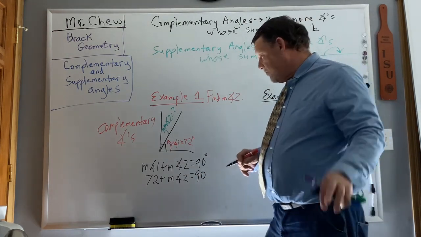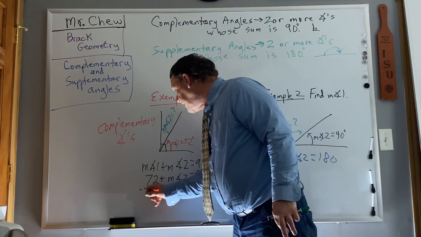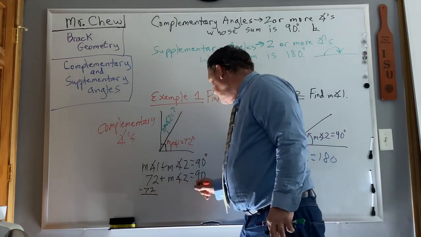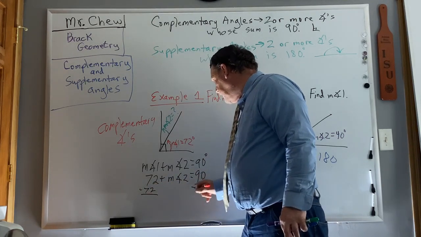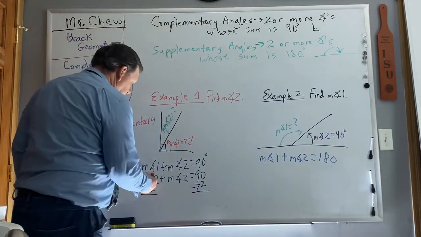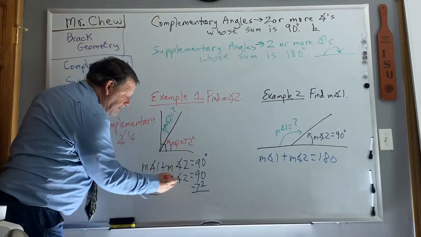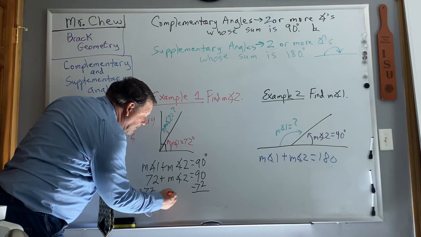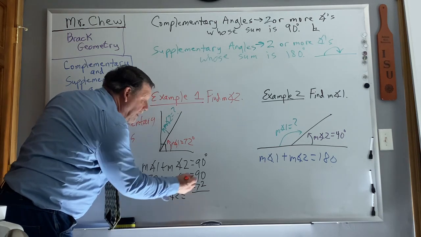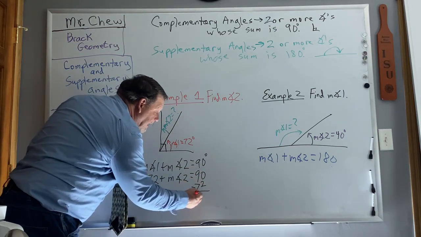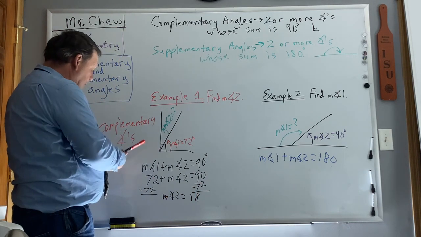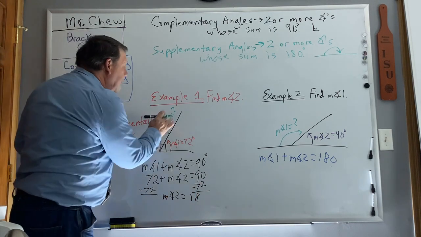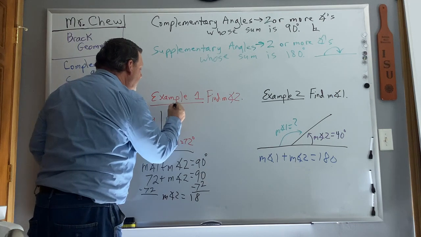Now I use the subtraction property of equality to subtract the 72 from the left, subtract the 72 from the right. This crosses out and I get 0 plus the measure of angle 2, which means I'm going to have the measure of angle 2, which is what I want, and 90 minus 72 is 18. So I know that the measure of angle 2 is 18 degrees.